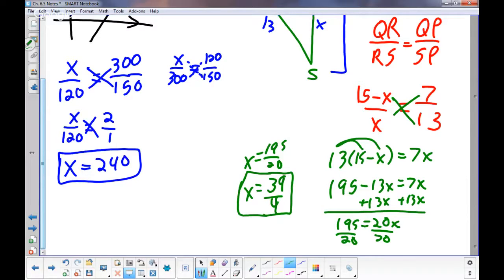Yeah, 39 over 4. 5 goes into 195 thirty-nine times. So my mistake on that, not 19, I meant 39. I was thinking 95. Sorry. 39 over 4, so that would be our answer. And if you put it as a decimal, it would be 9 3/4 or 9.75, which we don't really care. We just leave it as a fraction.